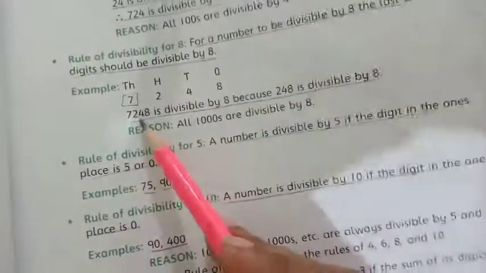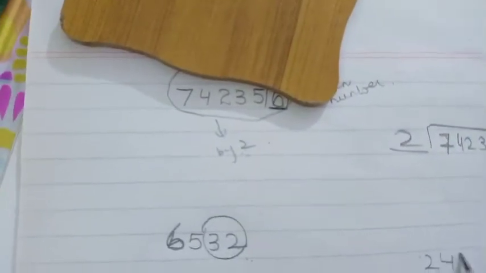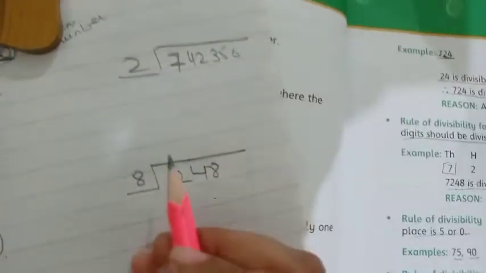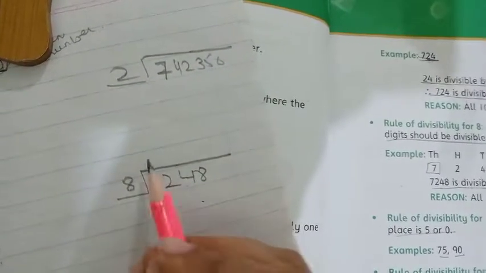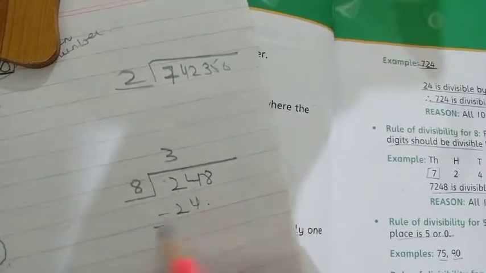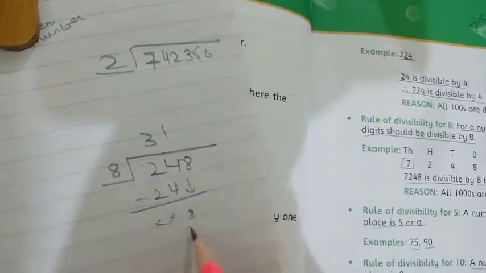For instance, take a look. They have given the example for 3 digits. 248 is divisible by 8. How have they shown that it is divisible by 8? They have just done this thing. 24 goes in the 8 times table. 3 8s are 24, and 8 copied. 8 1s are 8.